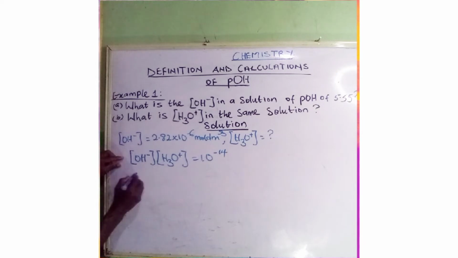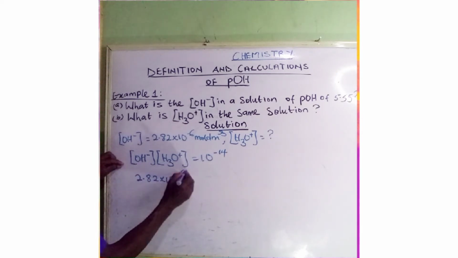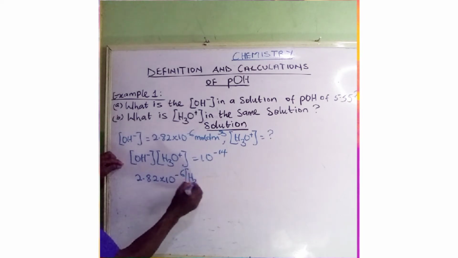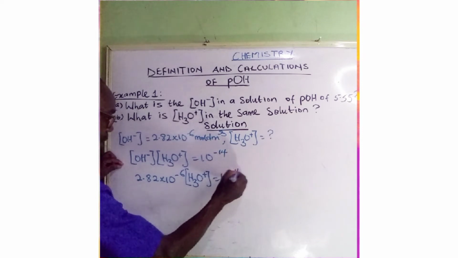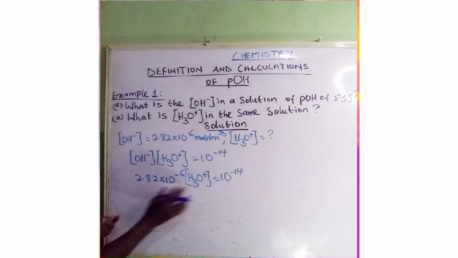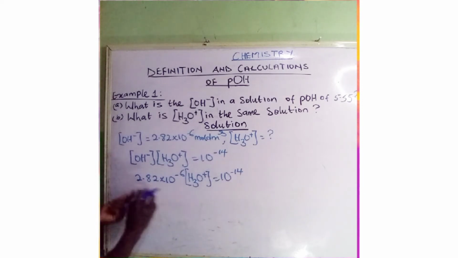So here we have the value 2.82 times 10 raised to the power minus 6 multiplied by hydroxonium ion equals 10 raised to the power minus 14. Since what is joining them is multiplication, we divide both sides by this value.